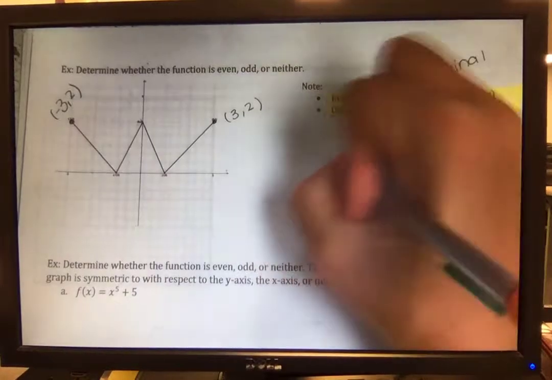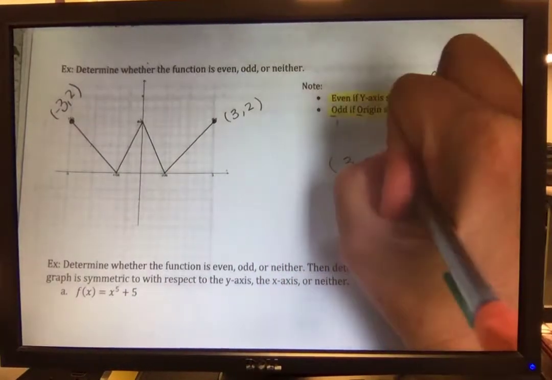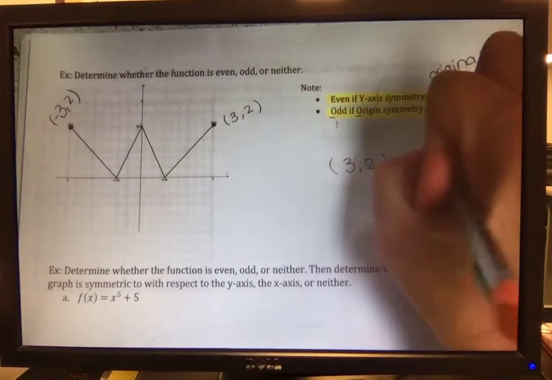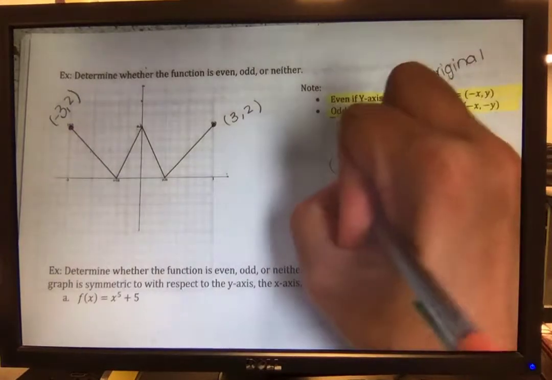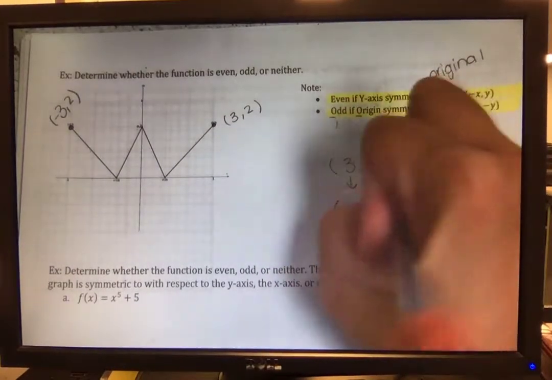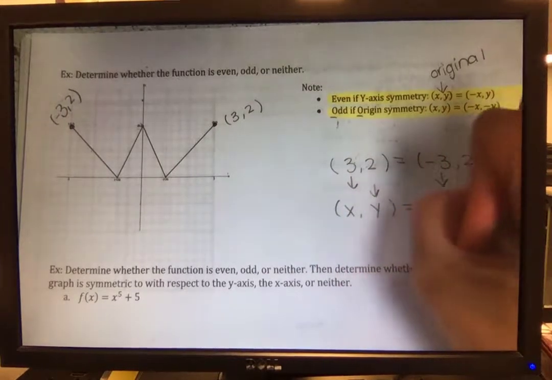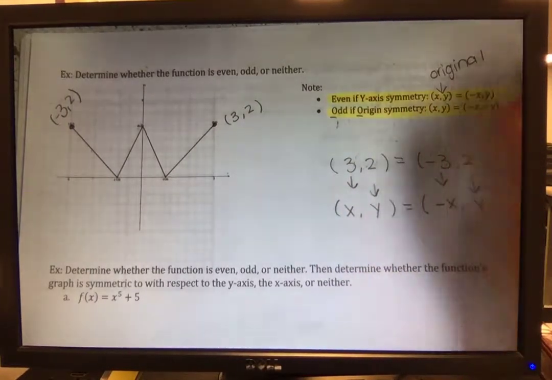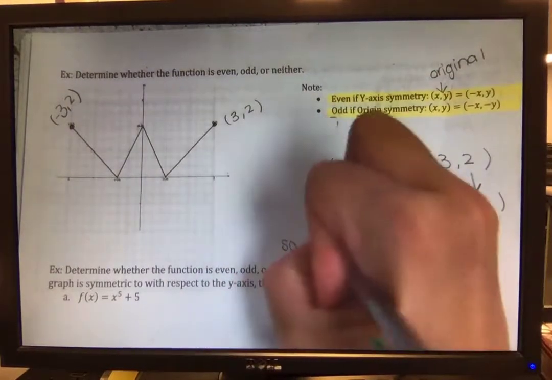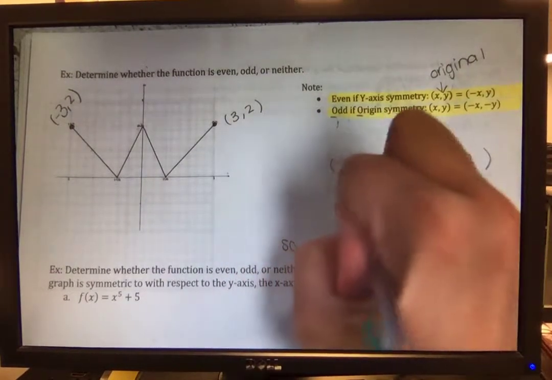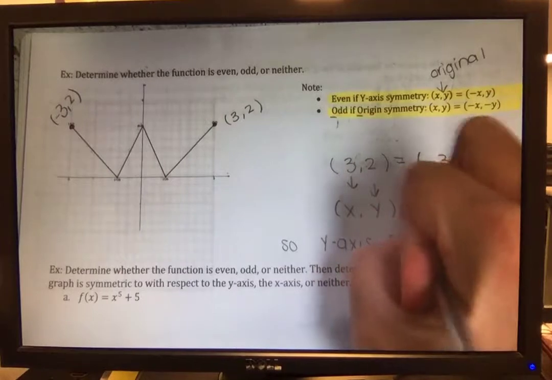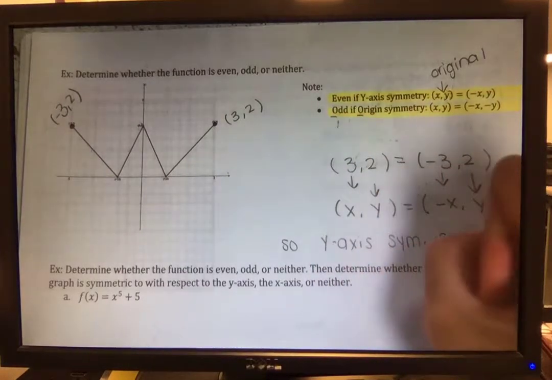So if my original is 3, 2, that's the same thing as negative 3, 2. So if I have x, y as my original, that's the same thing as negative x, y, which is y-axis symmetry. So it's going to be even.